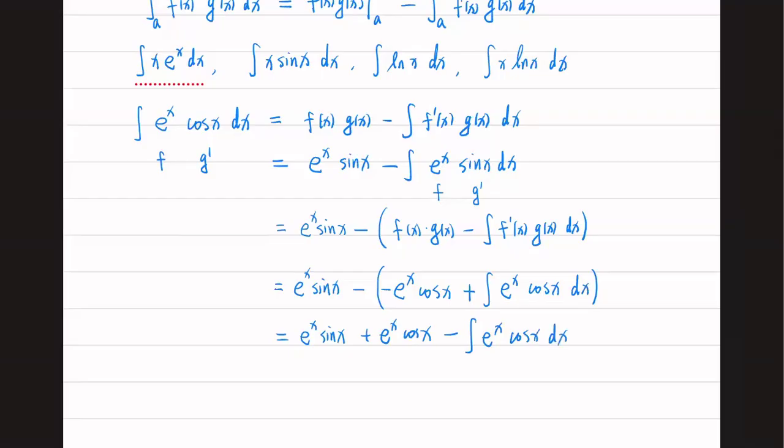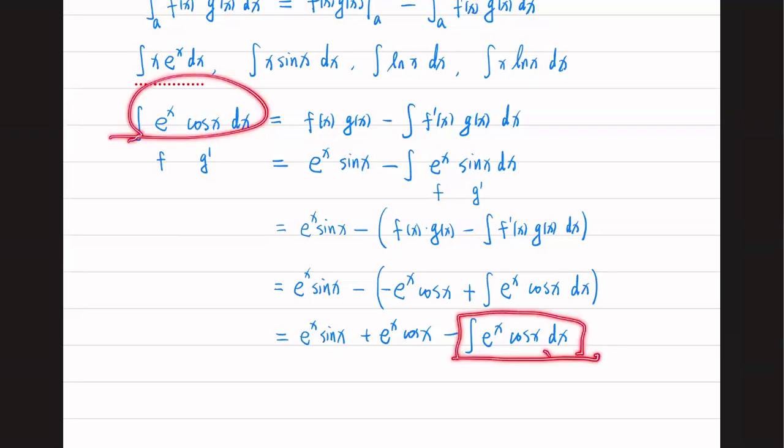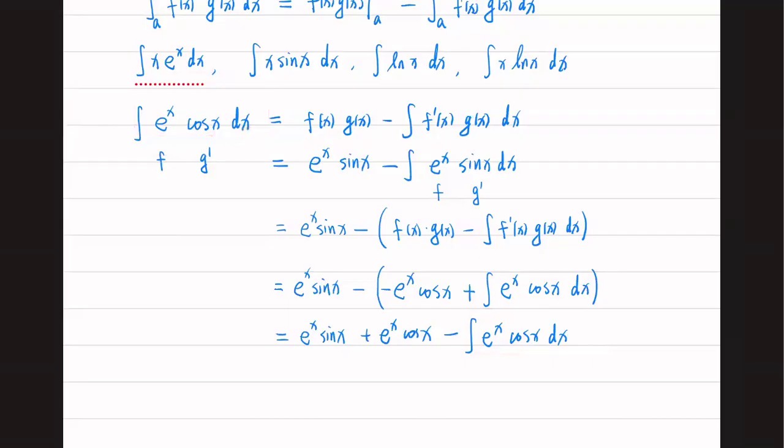Now let's see what we have arrived at compared with where we have started. Is this simpler? It's exactly the same. Okay, so the same thing happens. We wanted to find the integral. We didn't succeed in that, but we did get something interesting.